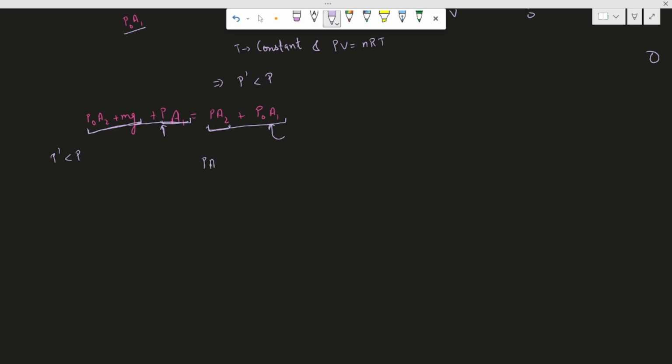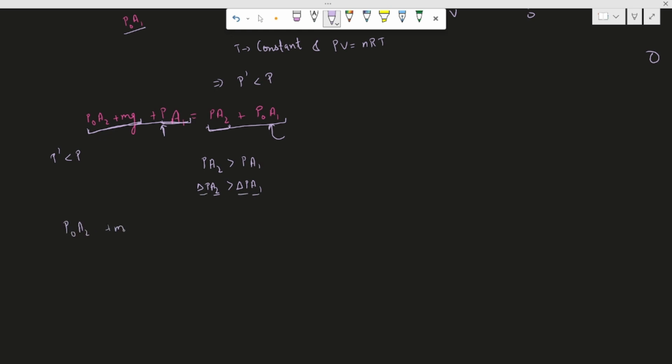But PA2 is greater than PA1, so del PA2 will be greater than del PA1, because A2 and A1 are constant. The only changing thing is pressure.